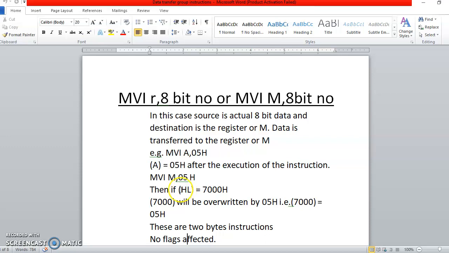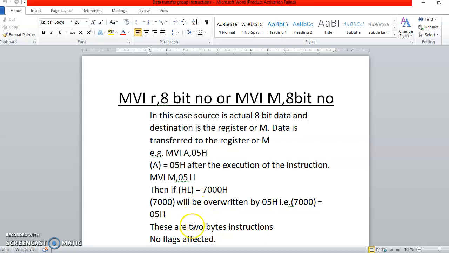Therefore, assuming the HL register pair contents are 7000, then the contents of 7000, the round bracket always specifies the contents, will be overwritten by 05. That is, the new contents of 7000 will be 05. Okay, this is just an example I am taking. The HL may have any value, and that particular value will act as an address.